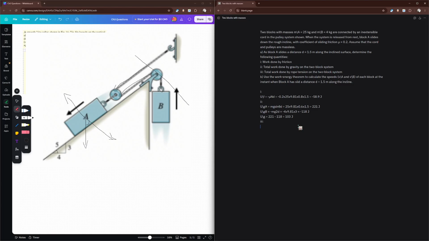So in part 3, we want the total work done by rope tension on the two-block system. So remember that the speed of B is equal to 2 times the speed of A, which we got from our pulley analysis, which are these lines here.